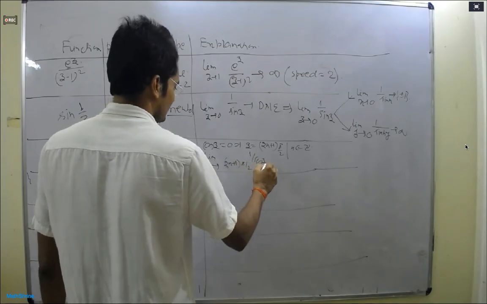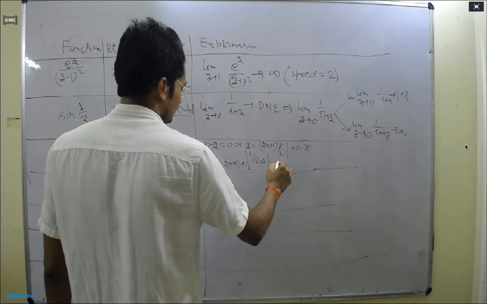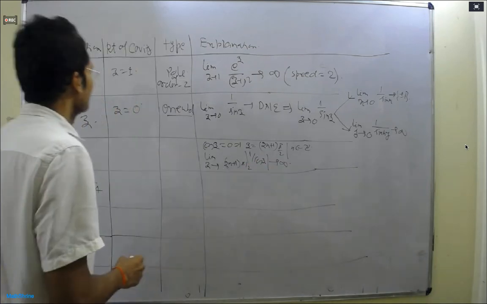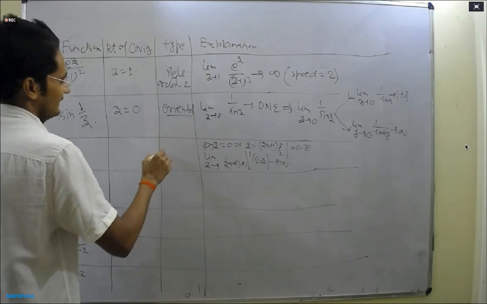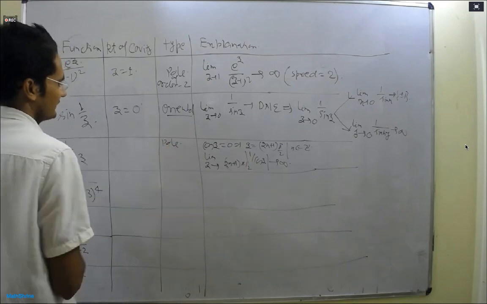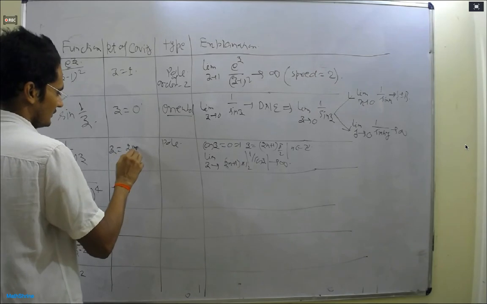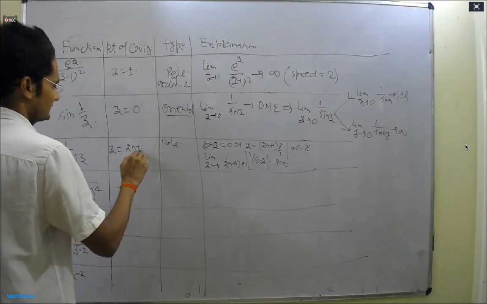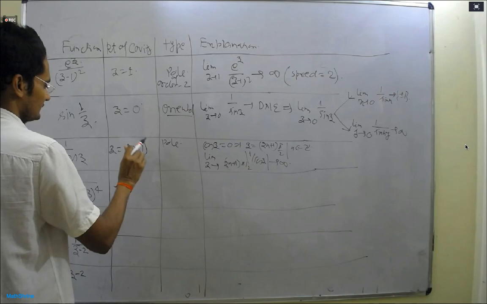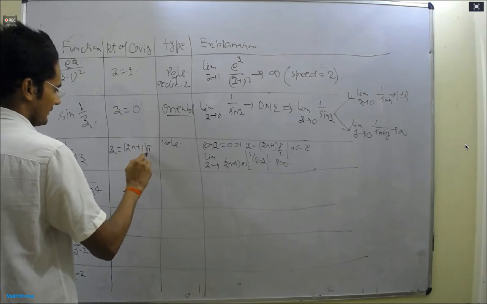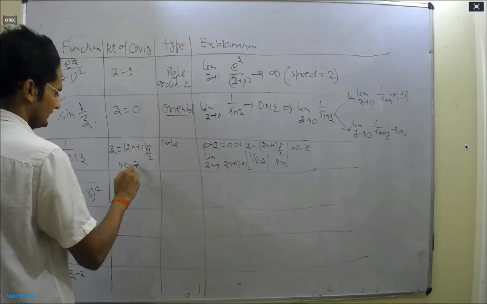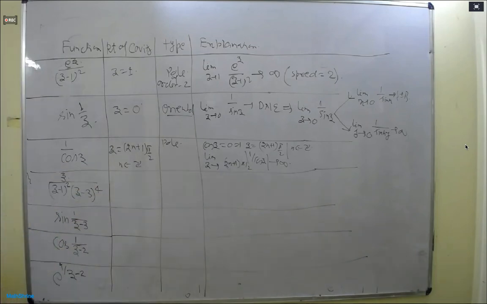So the type is pole. How many points? Infinite points. This function will tend to the infinity at pi by 2, minus pi by 2, and many more points.